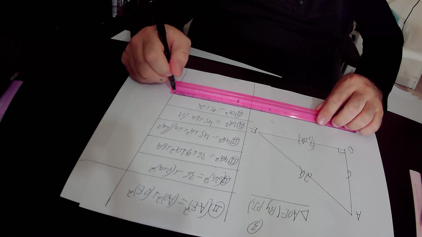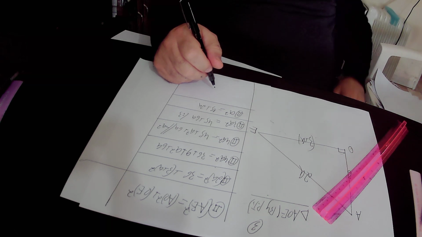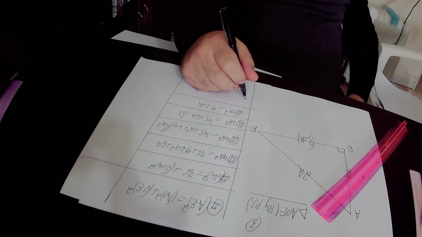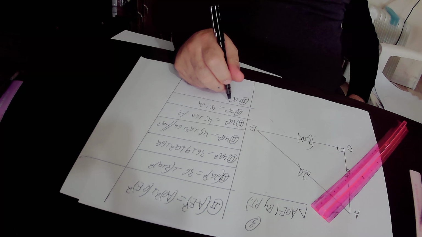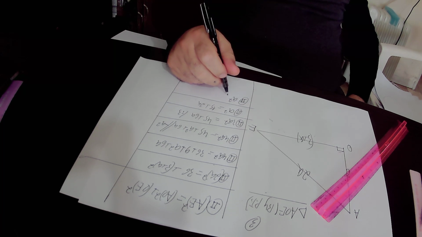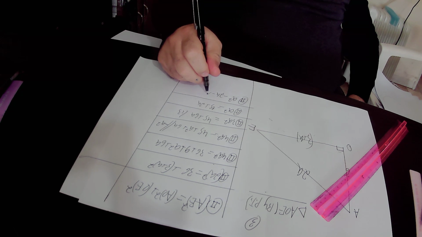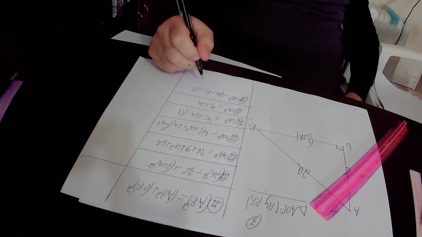So here we subtract 2A and also 15 from equation number 2, and we get that A squared minus 2A minus 15 equals 0.